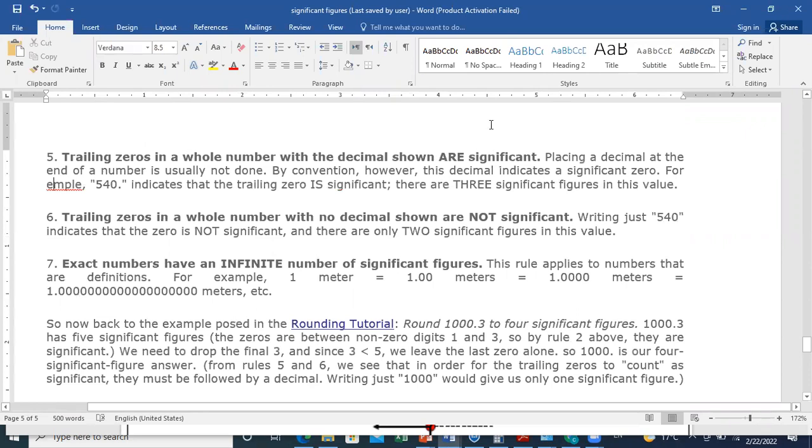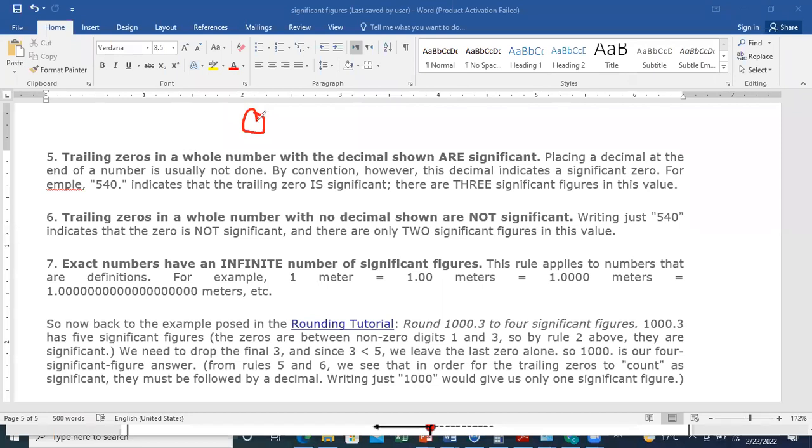We already said before that we consider 0 a significant number when it is between two other numbers.